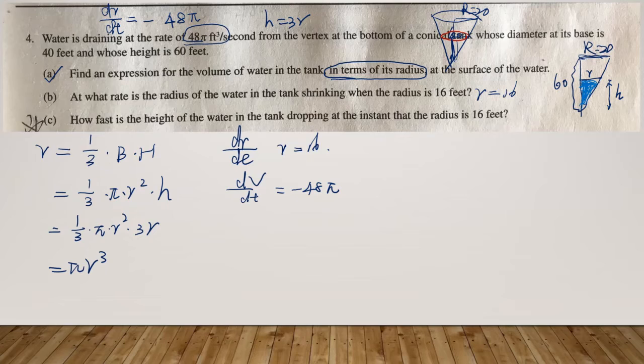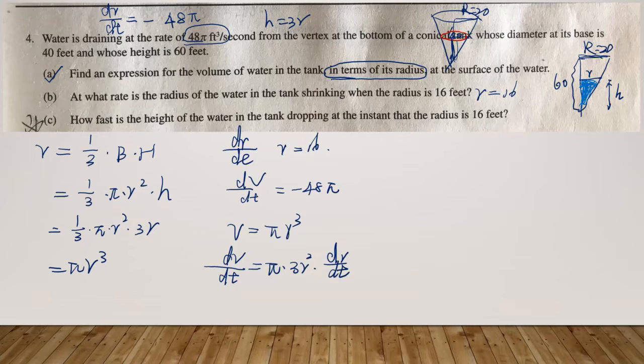So we need to find the relationship between V and r, and as we have got from question A, V equals pi times r cubed. So if we take the derivative of both sides with respect to t, we get dV over dt equals pi times 3r squared times dr over dt.